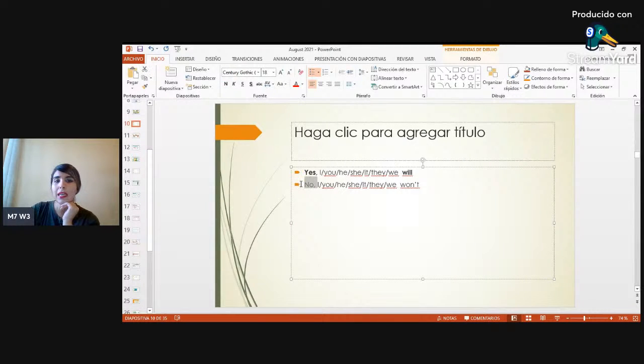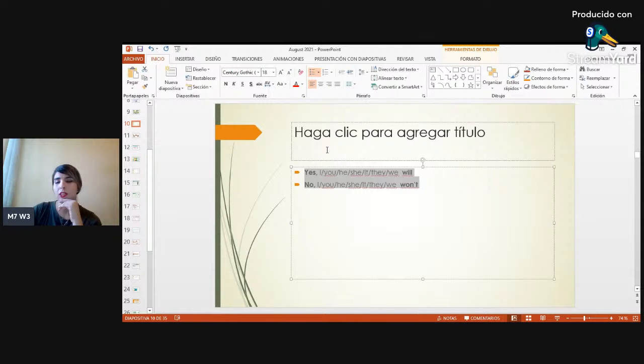Si es negativo, lo que te están preguntando, por ejemplo, will you study? ¿Estudiarás? No, I, you, he, she, dependiendo, ¿no? En este caso sería I won't, won't, que es como no, eso que me estás preguntando no lo haré. So this is the way.